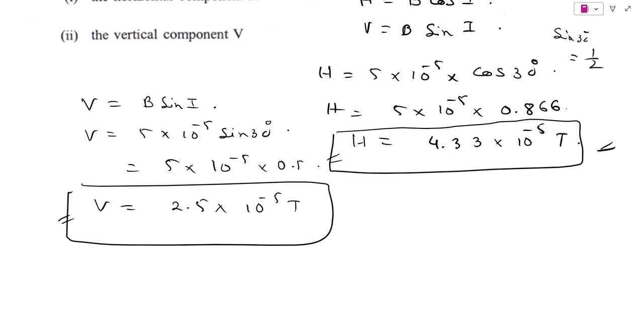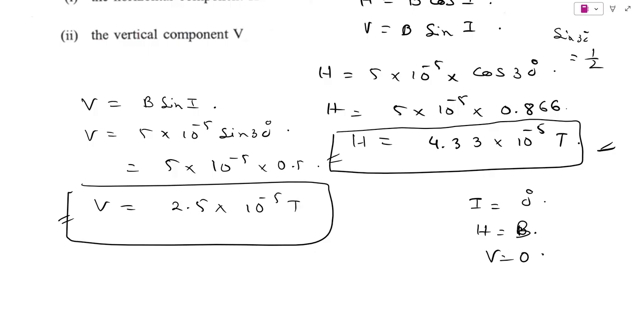Now I'm giving you a fascinating observation. At the magnetic equator, I is 0 degrees, so H is equal to B and V is 0, so the magnetic field is completely horizontal.